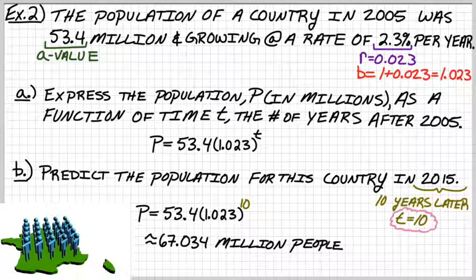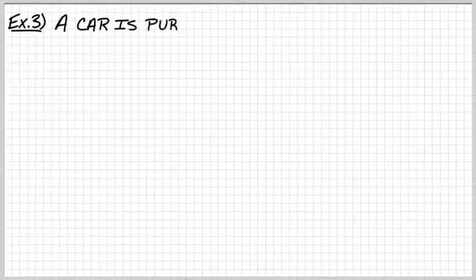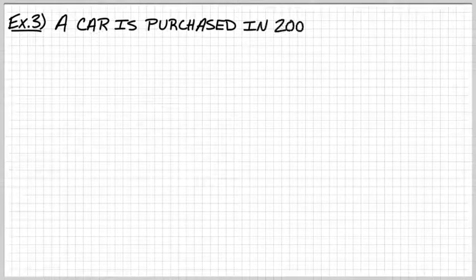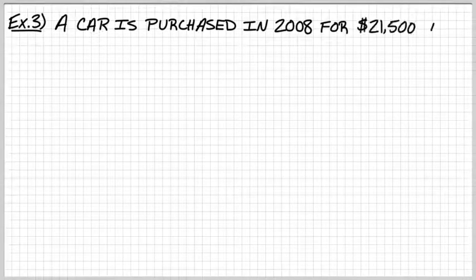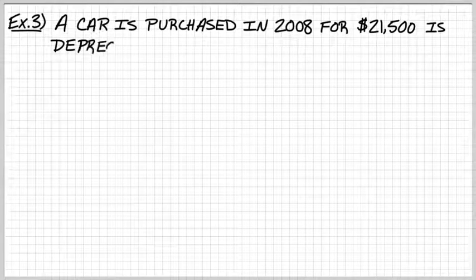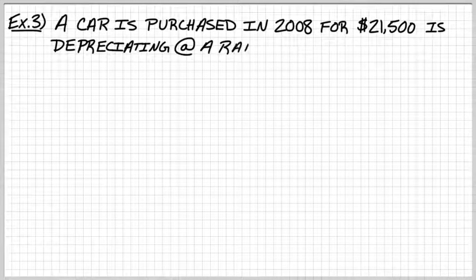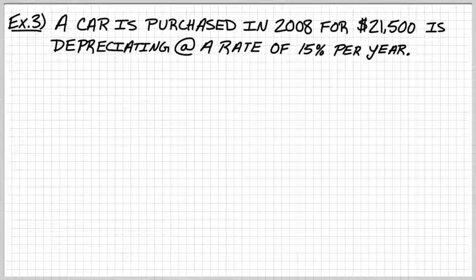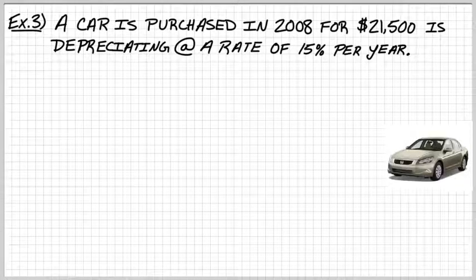All right, one more example for these notes. Example 3. We got a car that's purchased in '08 for $21,500. And it's depreciating, as cars do, at a rate of 15% per year. And since I'm kind of partial to the Honda Accord, I'm going to put that in there too.